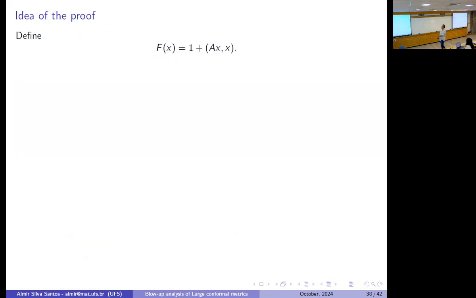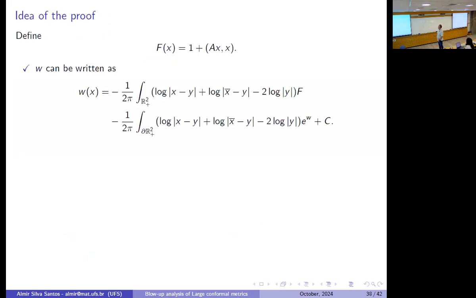The idea of the proof is this: if there is some solution, you can write the solution in this way. And then you can do some estimates to find that this limit is bigger than or equal to 2. And the function is bounded by this quantity, which goes as the log of the norm of the point.